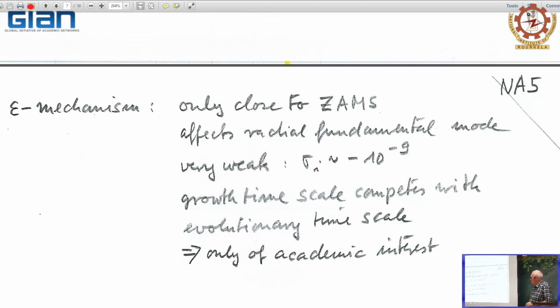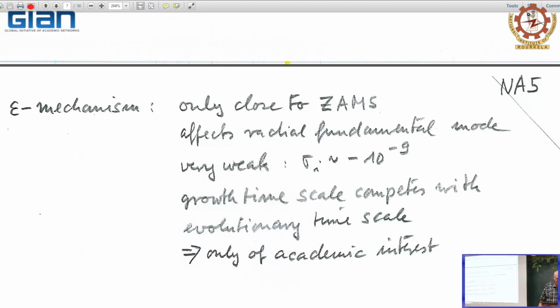So what people have ignored is the weakness of this instability, probably because they couldn't calculate these small rates, and they haven't considered the fact that the epsilon mechanism is only restricted to the very vicinity of the zero-age main sequence.